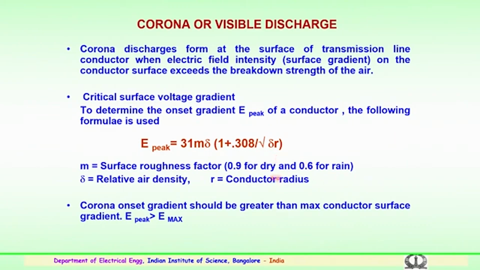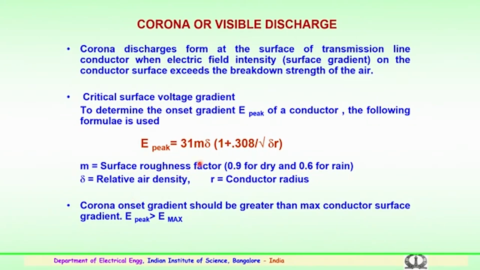Where E peak is the inception or onset gradient, m is the surface roughness factor. For calculation in dry conditions, the factor is normally assumed to be 0.9, and in wet, rain or fog conditions, the surface roughness factor employed is usually 0.6.